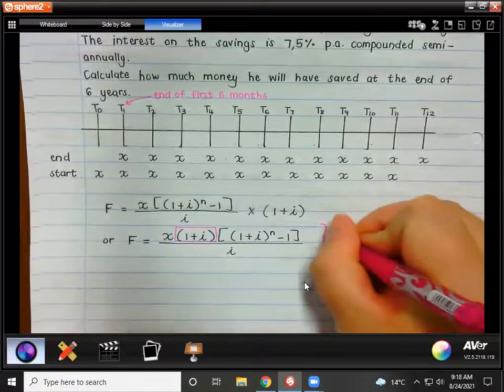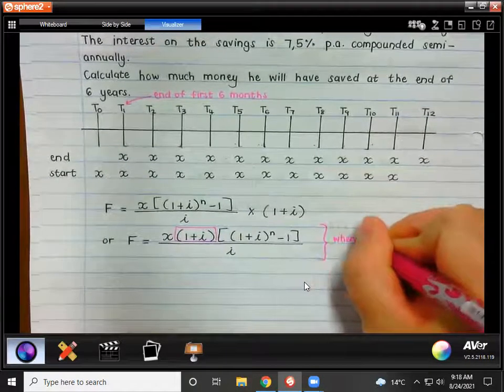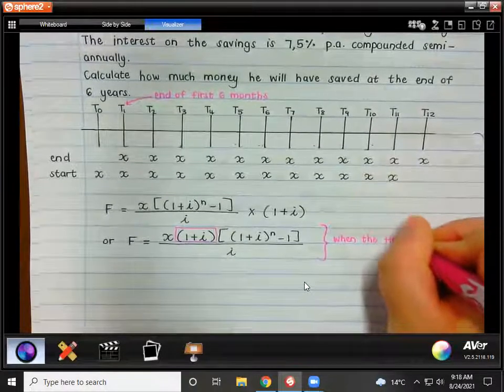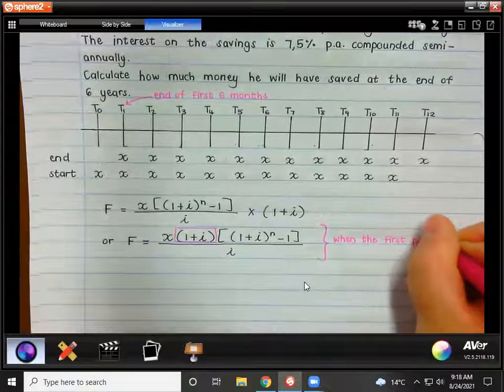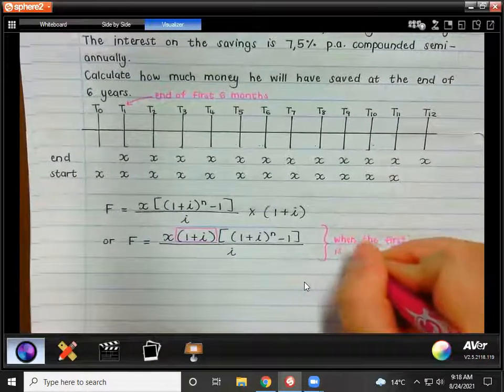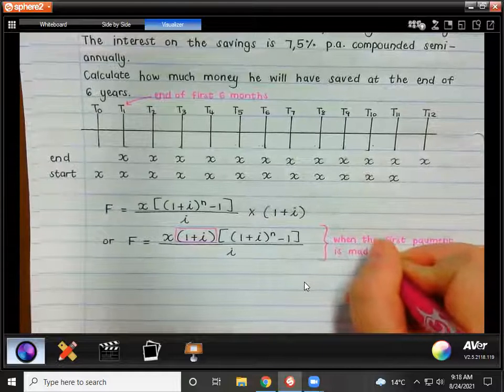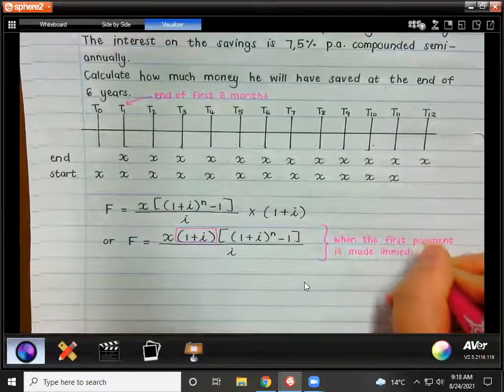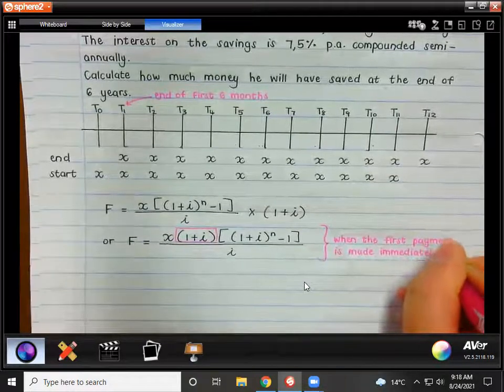So this is when the first payment is made immediately. Or sometimes they won't use that word.